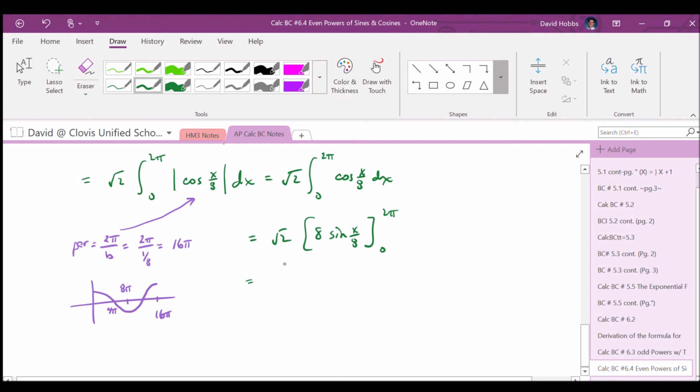So I'm going to bring the 8 out front, so 8 root 2. Sine of x over 8. So 2 pi over 8 is pi over 4. Sine of pi over 4 is 1 over root 2. And if I plug in a 0, sine of 0 is 0. And so we get 8, which is pretty amazing.